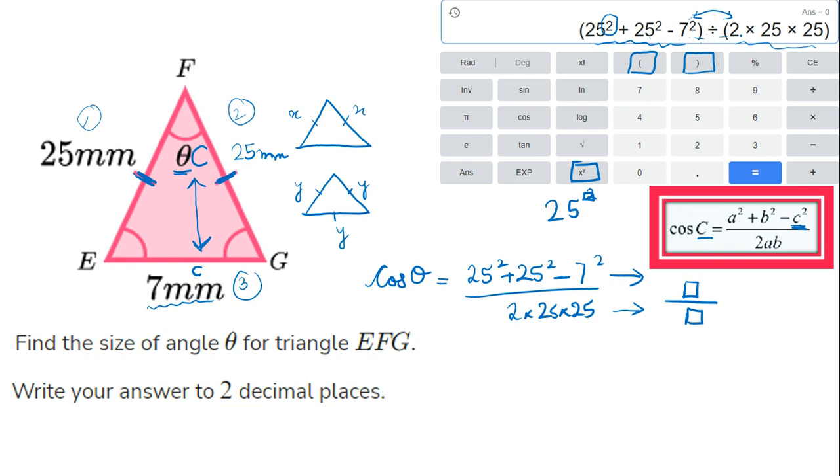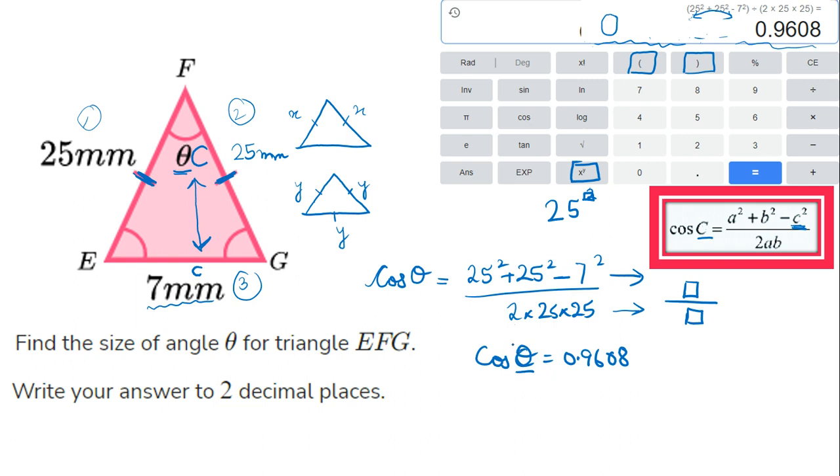When I write all of that and divide it, I get an answer something like 0.9608, which means cos C, or cos theta, equals 0.9608. Now I have to find my theta, not my cos theta. In order to find theta, I have to make theta my subject, or isolate it.